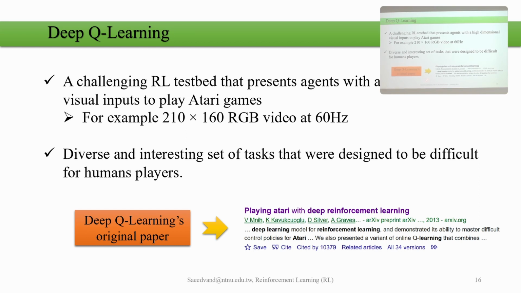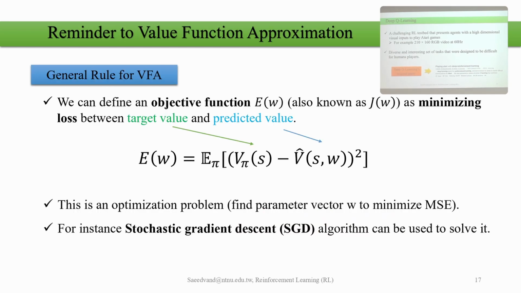This is the kind of revolution that happened in solving different problems by combining reinforcement learning with deep learning. So I also recommend that you study that paper to see what is happening there.